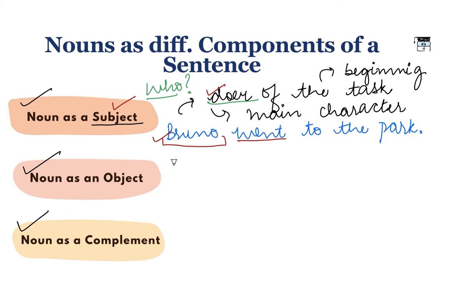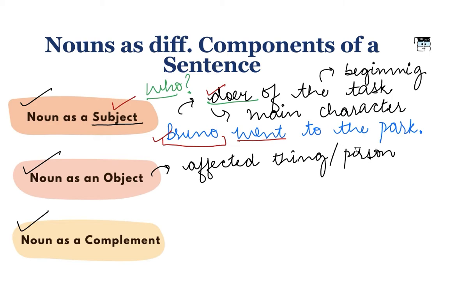Moving on to the next type, which is noun as an object, where a noun acts as the affected thing, person or place in the sentence that the doer or the subject is affecting. Then that noun takes up the form of an object of the sentence.